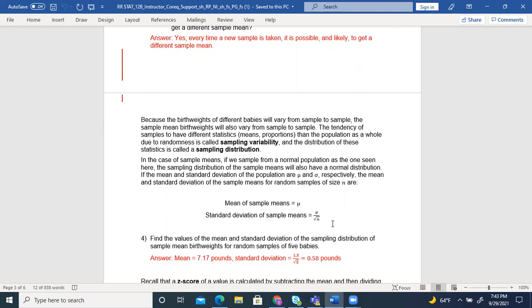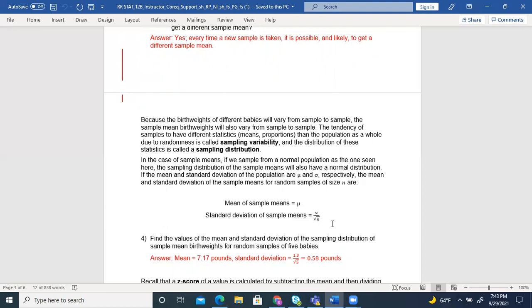The tendency of samples to have different statistics than the population as a whole due to randomness is called sampling variability. And the distribution of this statistic is called the sampling distribution.